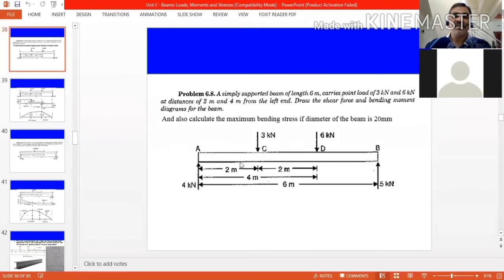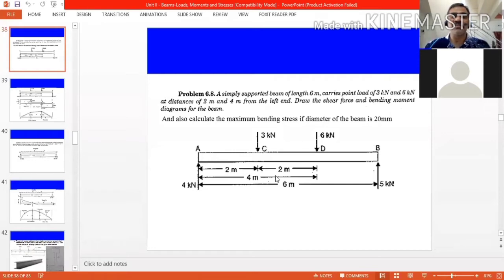Because in a cantilever beam, you can easily locate the point where bending moment is maximum, but in a simply supported beam, it is not possible. It is very difficult. We can find the location of the maximum bending moment only by drawing the bending moment diagram.